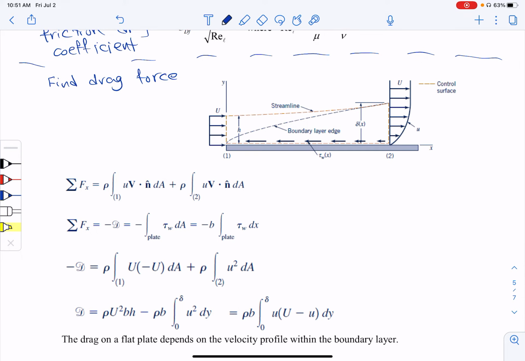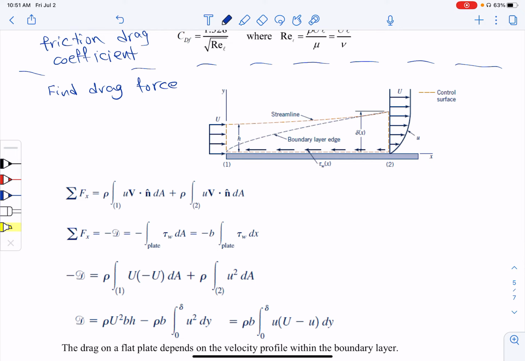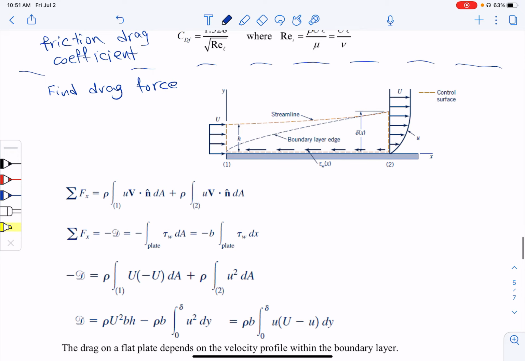So if I write down the conservation of momentum, and just one more thing that I think I didn't mention in this figure is that if we look at this flow right here over that plate, we can see that the pressure is constant through the boundary layer.